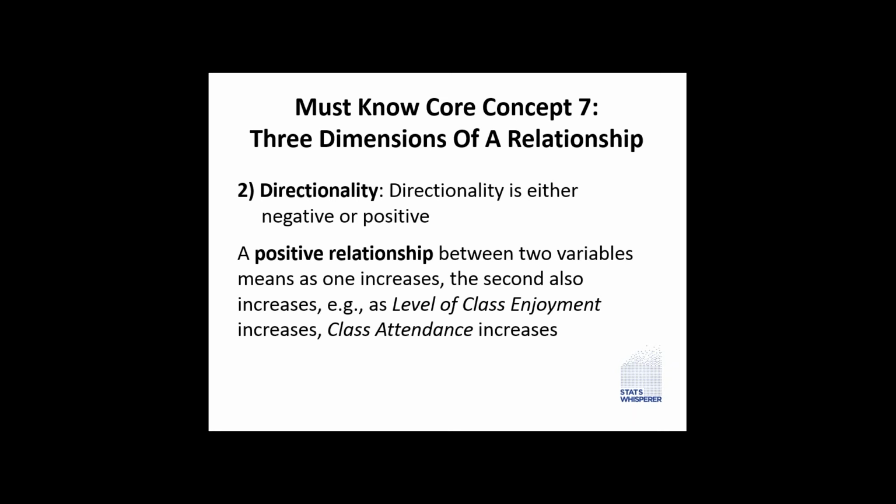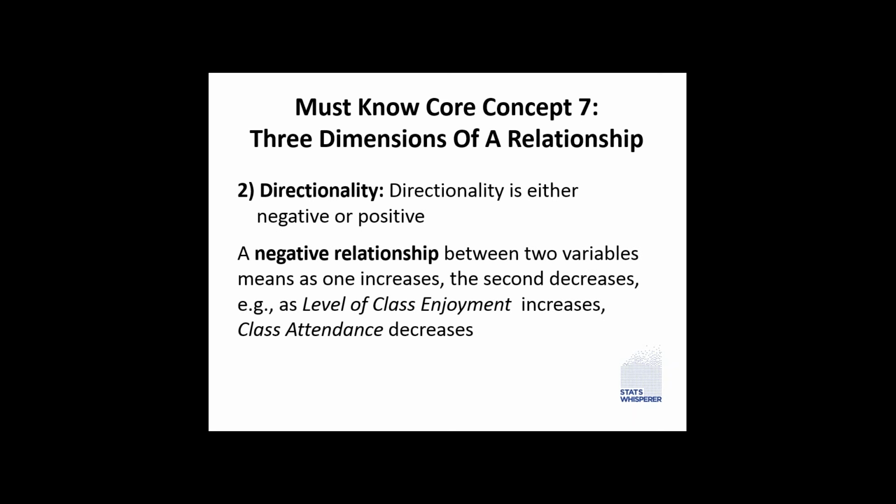Directionality. Directionality in a variable relationship is either positive or negative. A positive relationship between 2 variables means as one increases, so does the other. So if we score a level of class enjoyment and that's going up, and it's a positive relationship with attendance, attendance goes up.